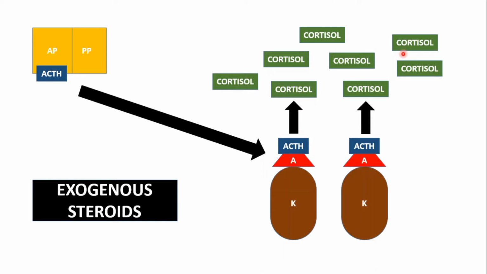But when there is more than enough, that would cause Cushing syndrome. If you see, this cortisol made the ACTH low. So when using exogenous steroids, the ACTH level would be low because there is a negative feedback.